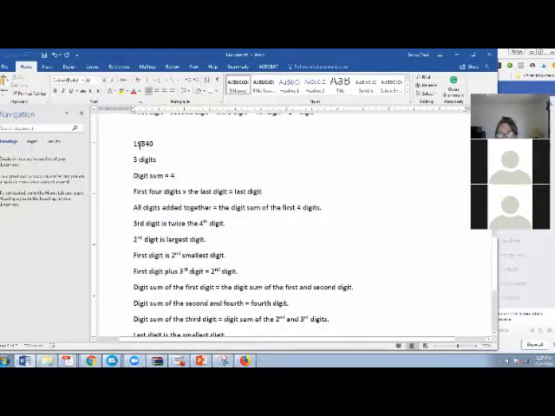So that should tell you that this is a 1. We should know that this is a 0. We should know that this one is a 9. And then we have this is twice this one.